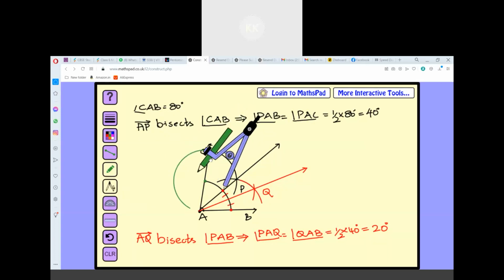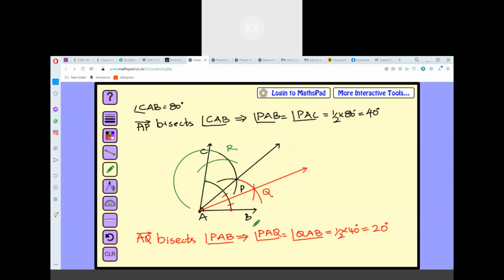Let's keep it over here. Let's make one more arc. We got the point of intersection. What's the name of this point of intersection? We have to name it now. Here we have named P. Next we have named Q. Let's name this as R.